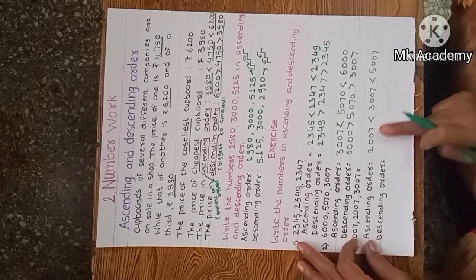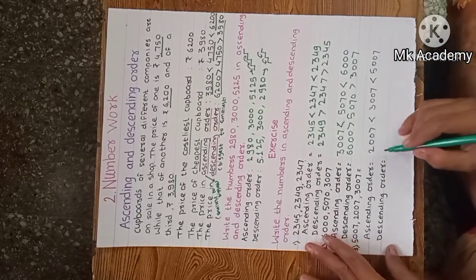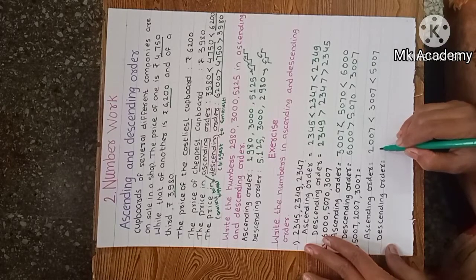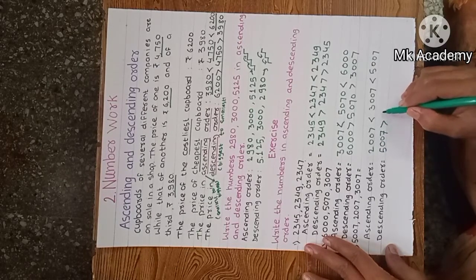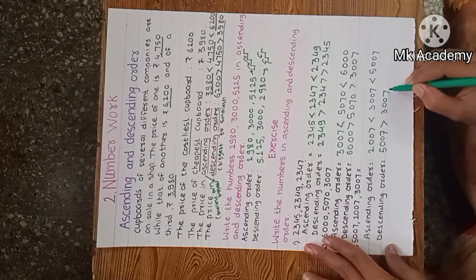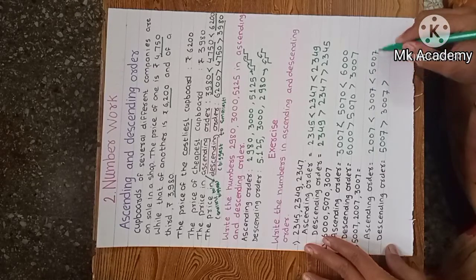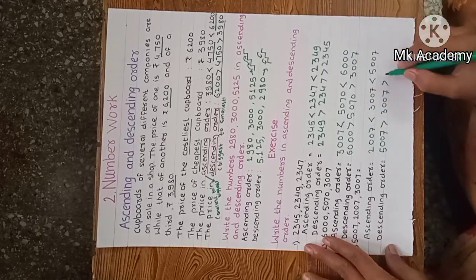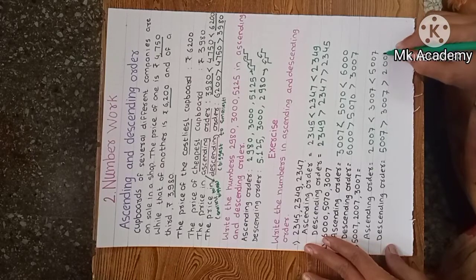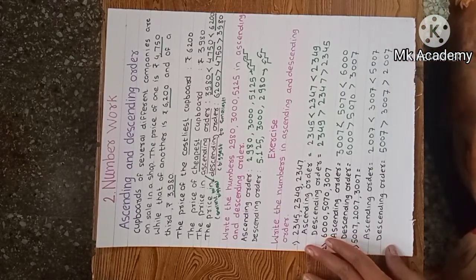Understood? Smallest, smaller, biggest. Now descending order. In descending order, we have to write down the biggest number first, then bigger, and then smallest. Understood? Biggest, bigger, smallest.